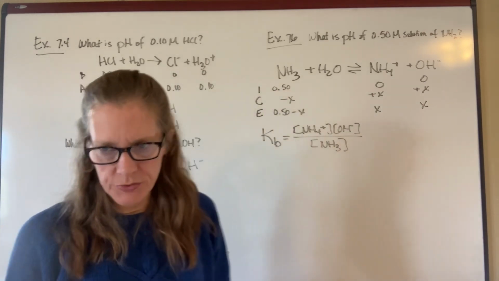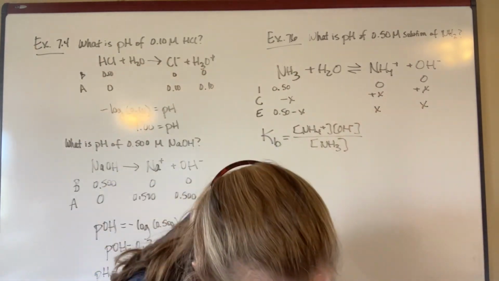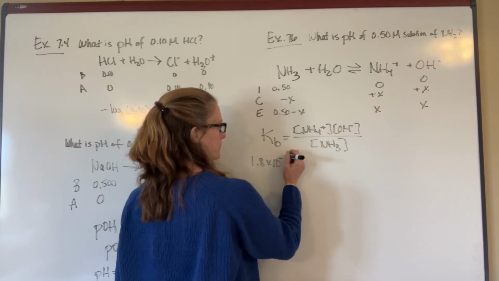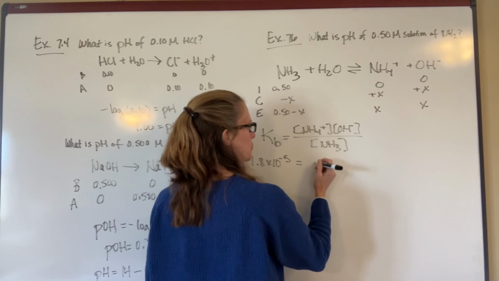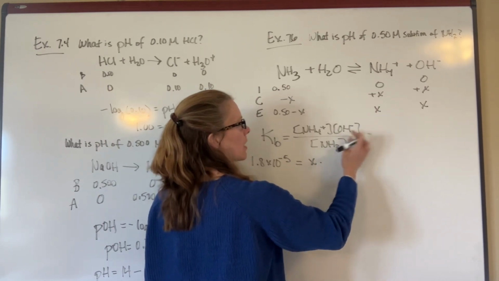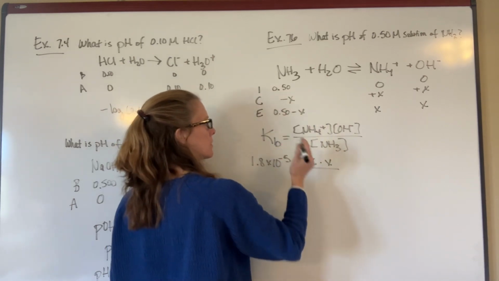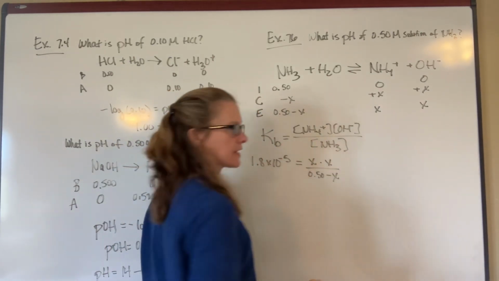I am told that the Kb for ammonia is 1.8 times 10 to the minus 5. The ammonium ion concentration I figured out was X. The hydroxide ion concentration was X. And the ammonia concentration was 0.50 minus X.